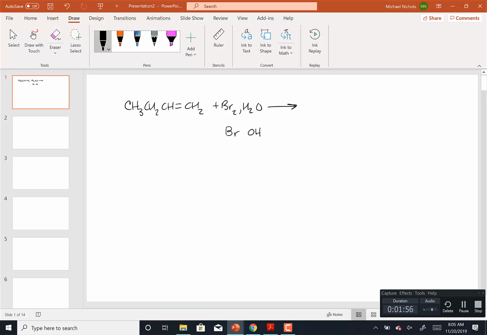Markovnikov, meaning who is the electrophile? Br plus is the electrophile. And which carbon is it going to add to? The carbon with the most hydrogens.